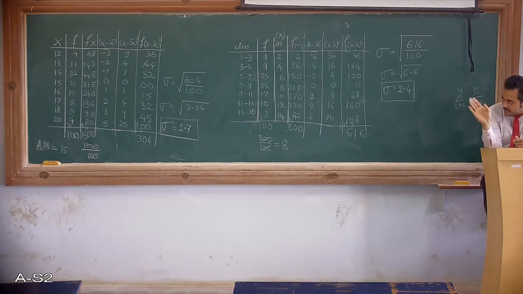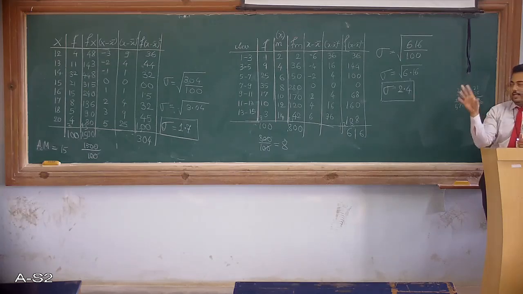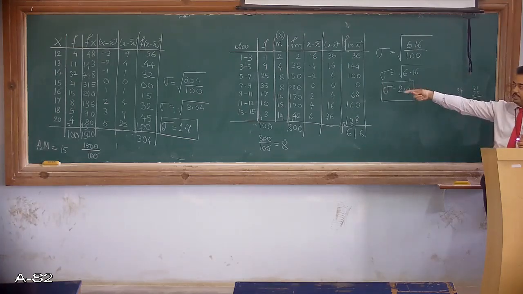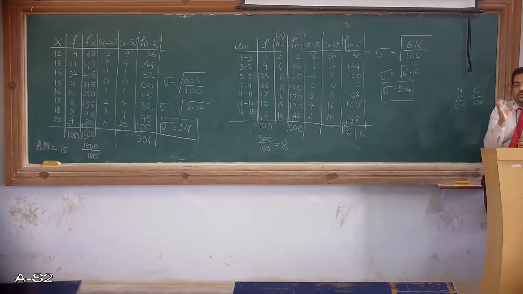The same thing is applicable there also. In the previous example, more values are concentrated near the arithmetic mean, as shown by the standard deviation value. This is how you compare two data sets using the standard deviation value.